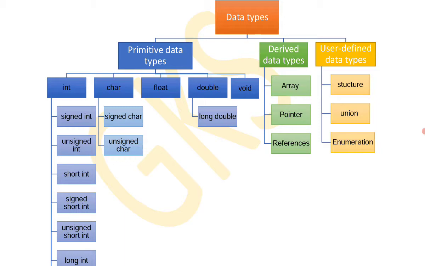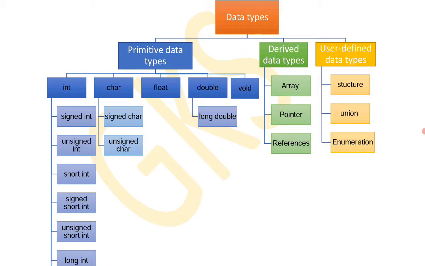Again, floats are of different types, and double is a long float number. If you want to use lengthy decimal numbers, then you may define the variable with double. Again, double has two types, double and long double.